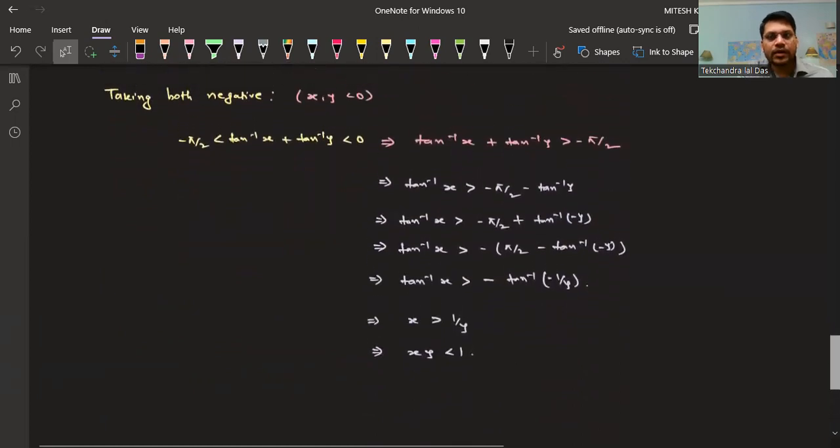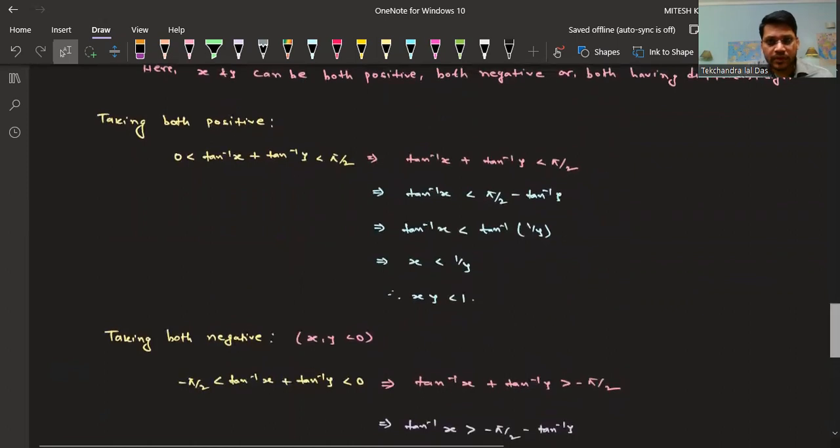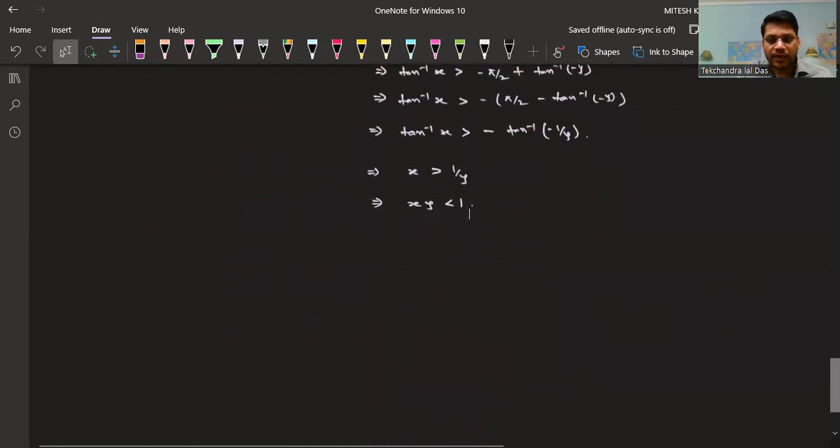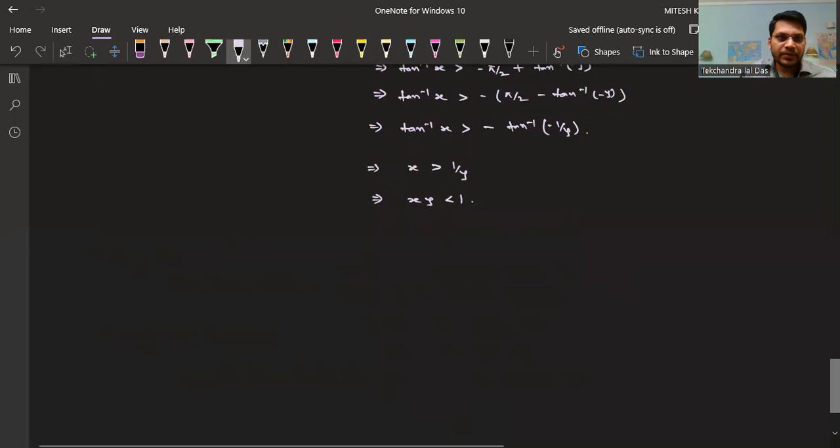Now see the next one: if both have different signs. We are left with one inequality, both having different signs. I suggest you solve this inequality yourself. We'll get the same thing here, again x into y less than 1.